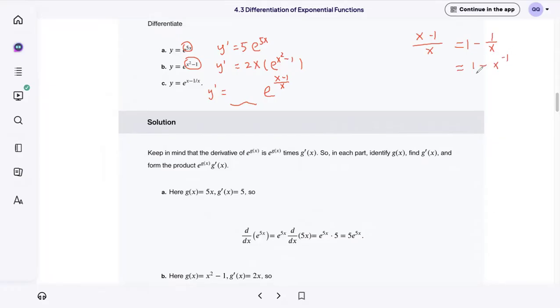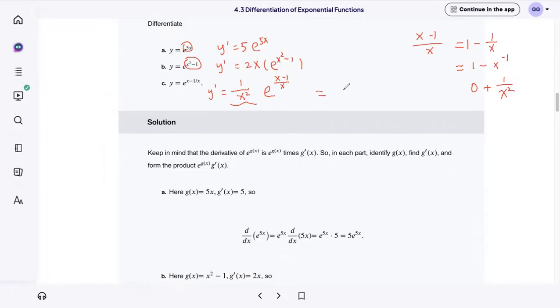When we take a derivative, this becomes 0. This becomes minus, becomes plus, becomes positive. Minus times this minus becomes positive. Then x raised by negative 1 minus 1, which is minus 2. So differentiate that, we get 1 over x squared.